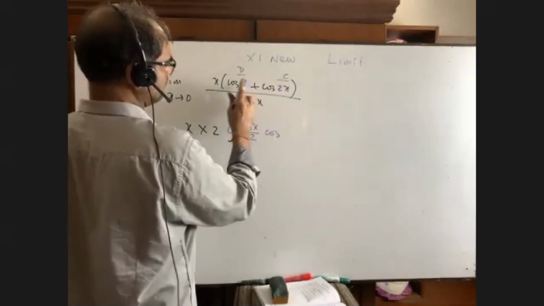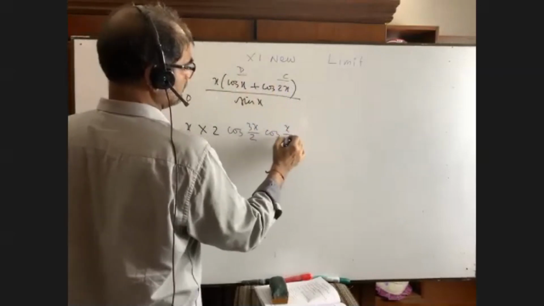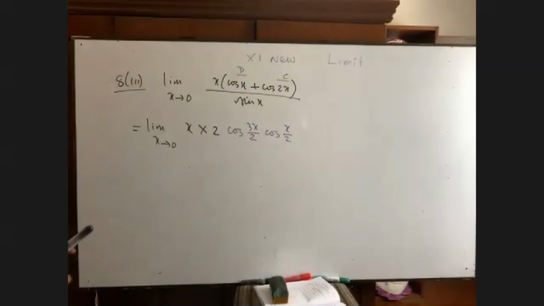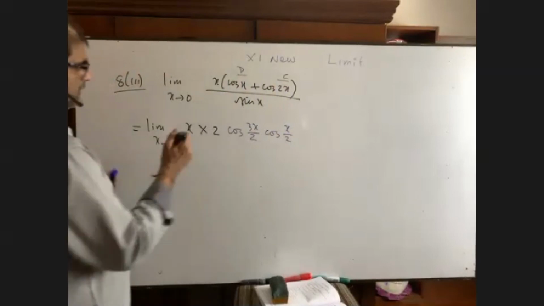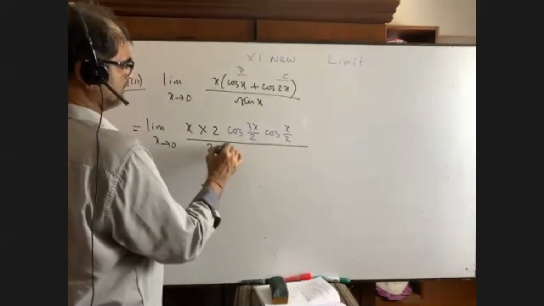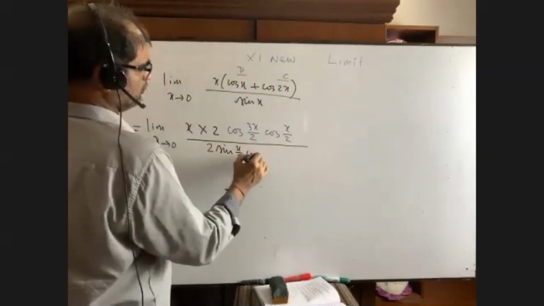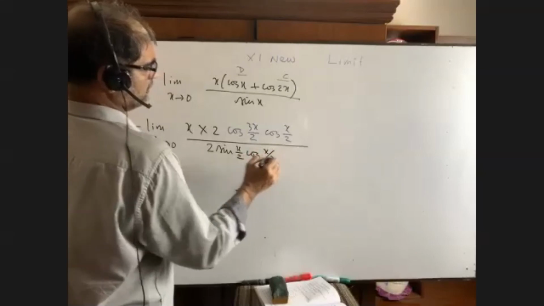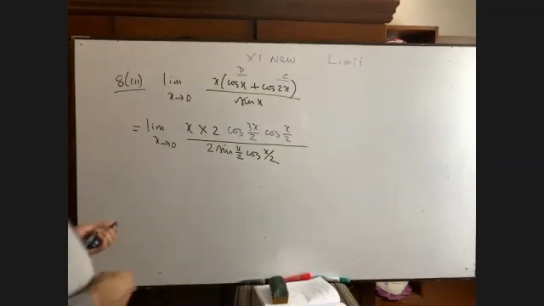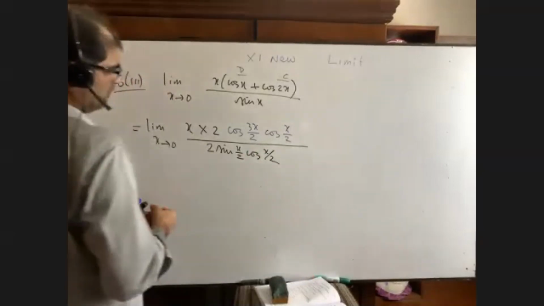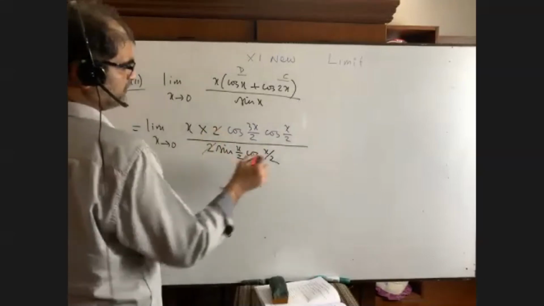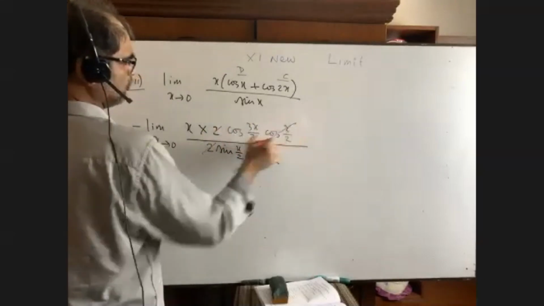Cosine of (c minus d) by 2, so x by 2. Am I right? Yes, sir. Then in the denominator, we can write 2 sine x by 2 cosine x by 2. Is it okay? Yes, sir. Now we see 2 omitted. We see this omitted, right?